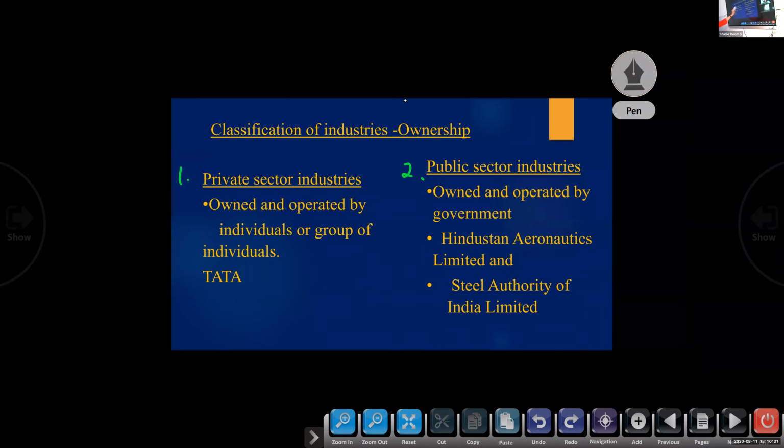Classification of industries based on ownership. First classification, private sector industries. What are private sector industries? Owned and operated by individuals or a group of individuals. Such types of industries are known as private sector industries. Example, Tata, Reliance, Infosys, ICICI.